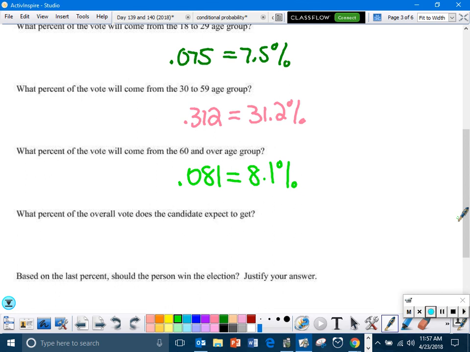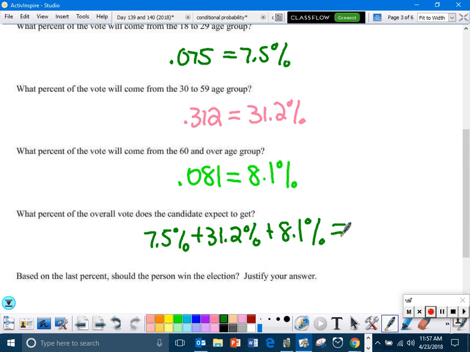What percent of the overall vote does the candidate get? Well, that would be the 7.5% plus the 31.2% plus the 8.1%. Okay, and that equals 46.8%.